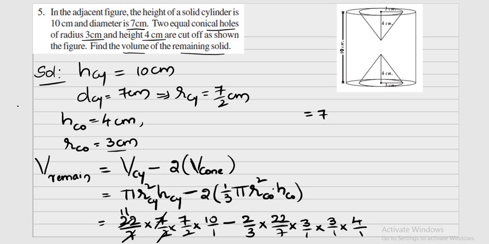This is nothing but 770 by 2 minus, here this 3 will cancel 3 times with this 3. Next we are left with nothing here, right? So 22 by 7. Is there any cancellation for 7 here? There is no possibility for cancellation with 7. So that 7 will remain in the denominator, right?